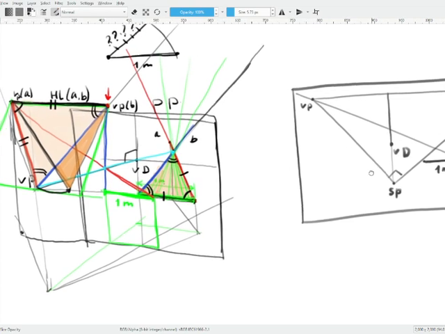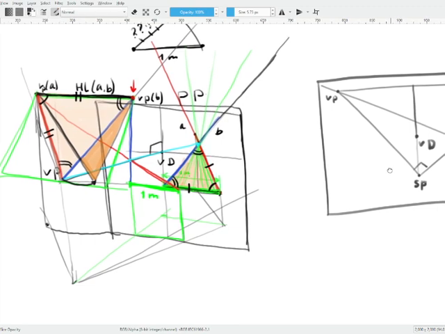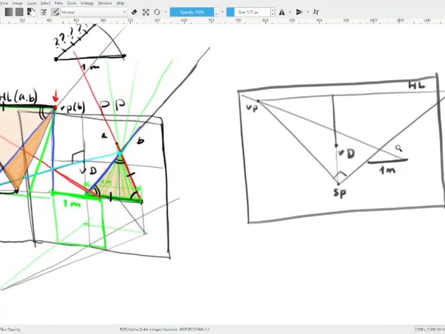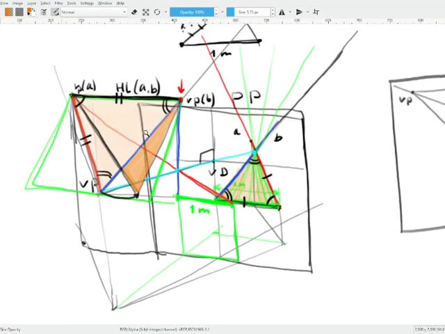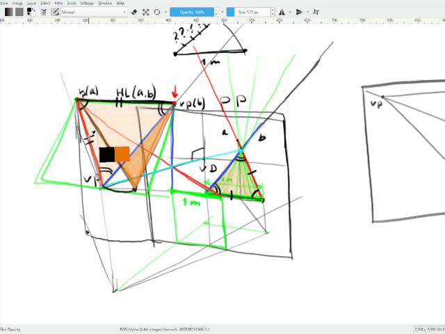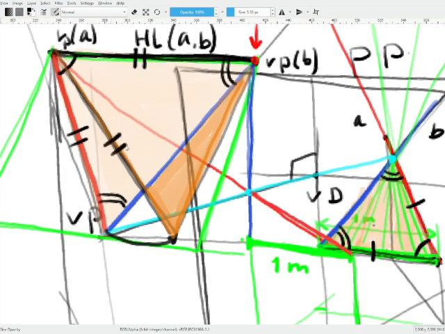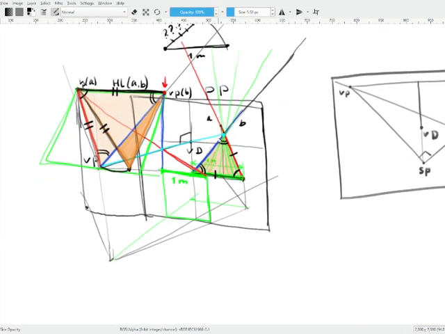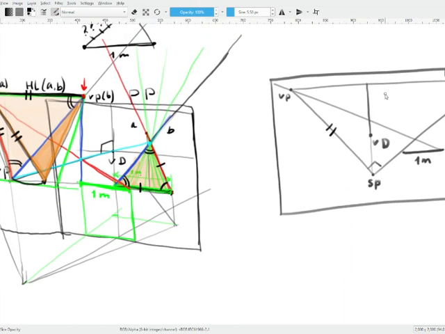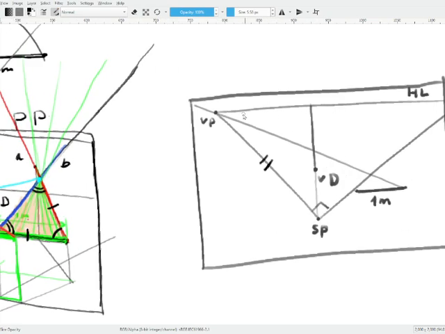Next, what are we doing next? Next, we are drawing this triangle. How are we drawing this triangle? We notice that this side is equal to this side as well, because it is just a rotation of this triangle. So we have this side, and we want to obtain the similar side on the horizon line.